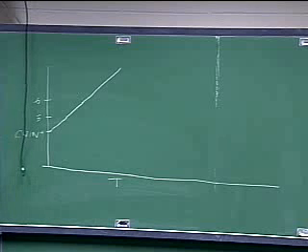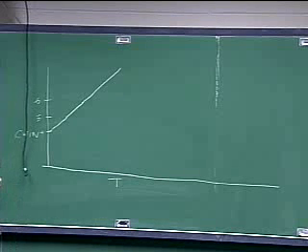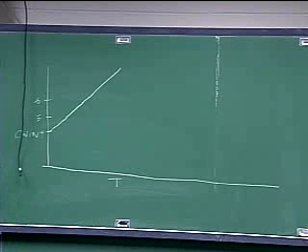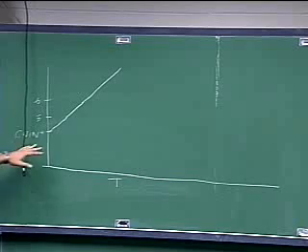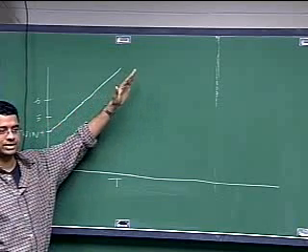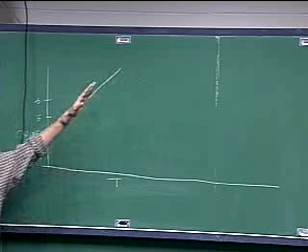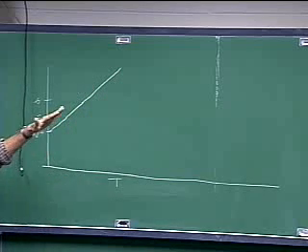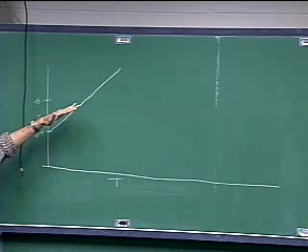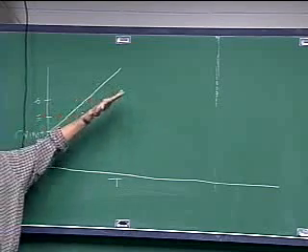So the loss is detected by TCP either by duplicate acknowledgements or timeouts. And what the AIMD mechanism says is when the loss occurs, the decrease is going to be multiplicative. So you're going to increase additively, but you decrease multiplicatively.